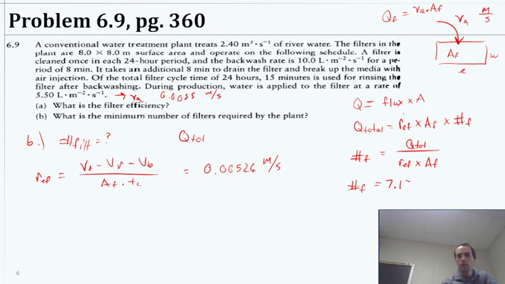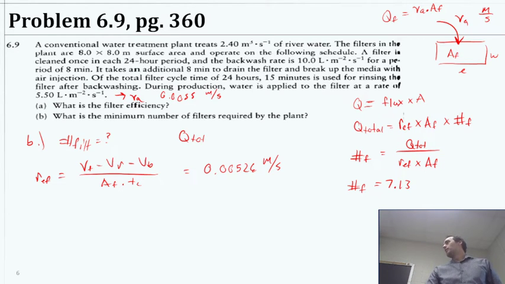But we're not going to install 0.13 of a filter, right? So here we have to round up because the 7 filters is not sufficient, right? So this is a case where we're not going to put in a 3 by 3 meter filter to account for that 0.13 extra that we need.